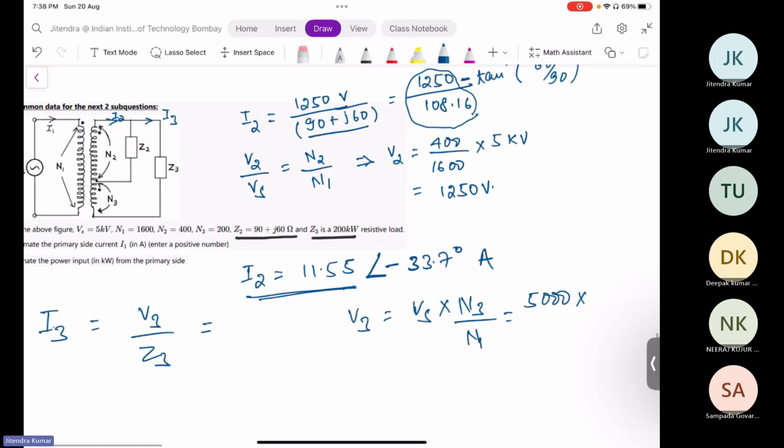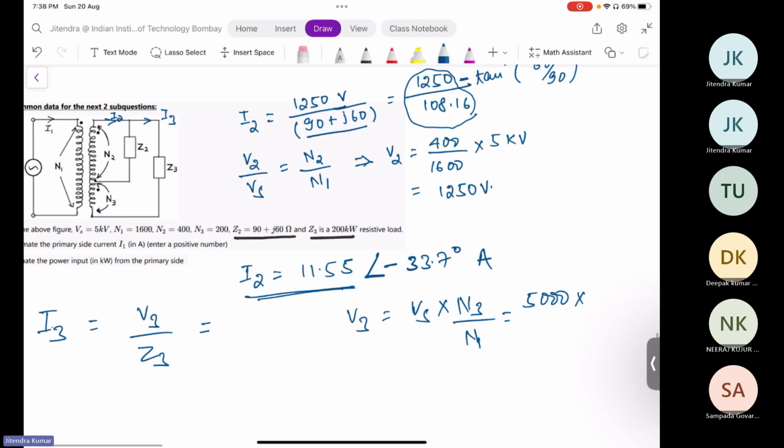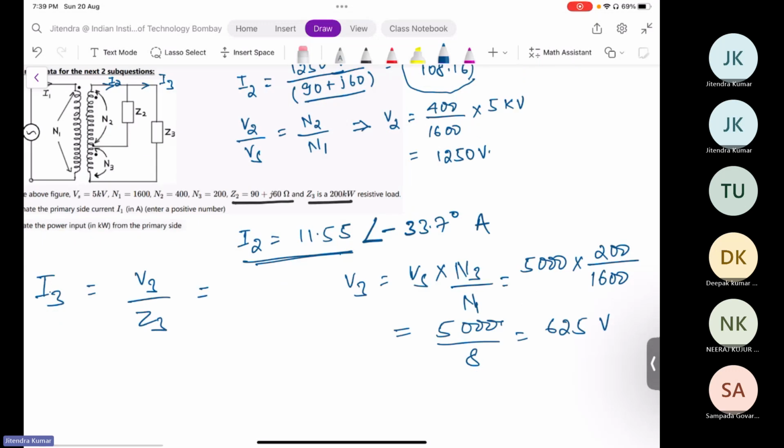This V3 is nothing but the voltage across only N3, but if we are computing across Z3, that voltage must be V2 plus V3. So this will lead to 5000 into N3 which is 200, divided by N1 which is 1600. So 5000 divided by 8, it is 625 volt. Is it correct? 625?